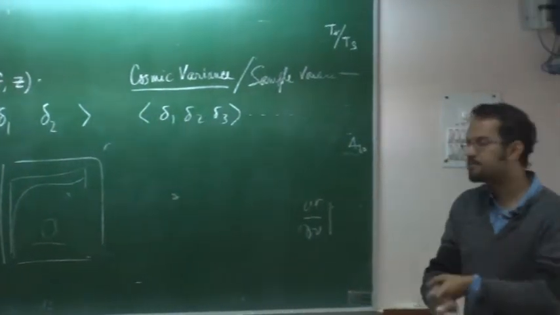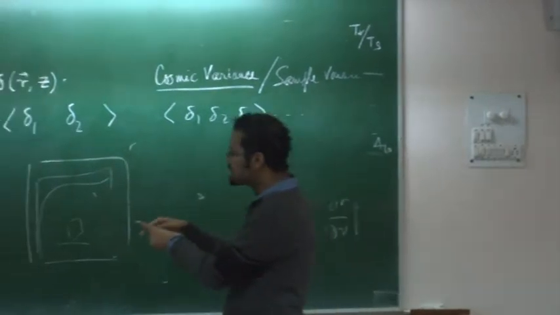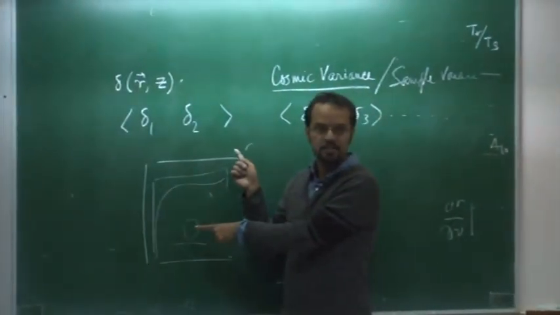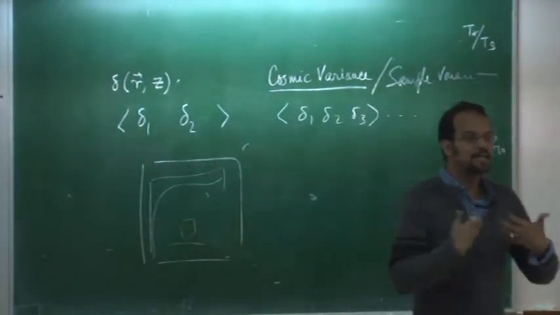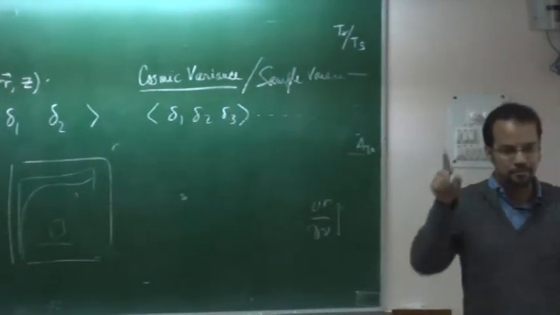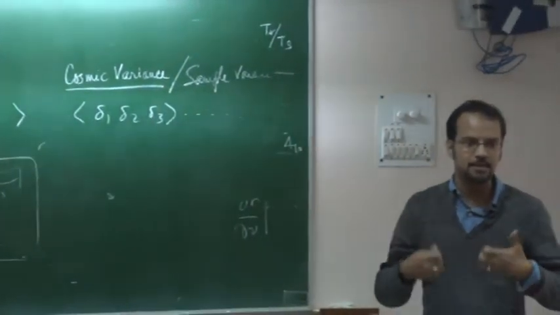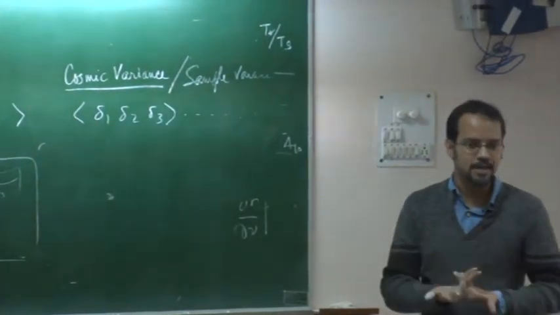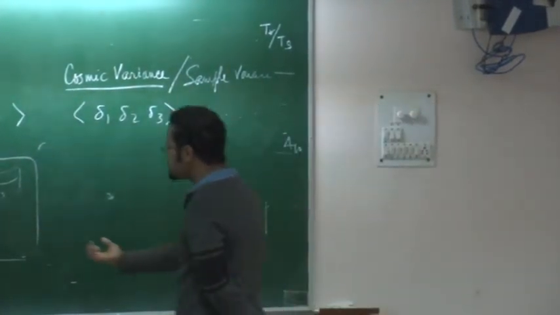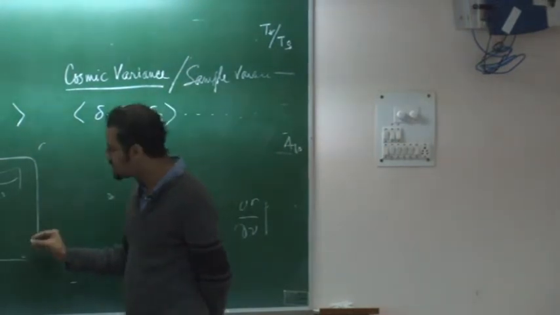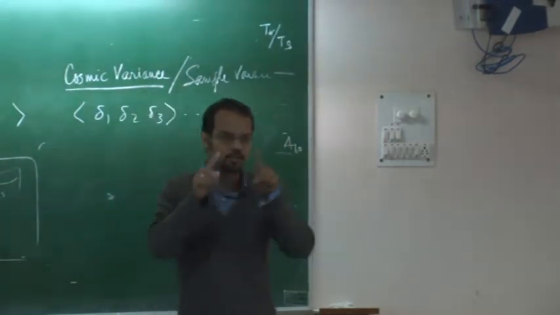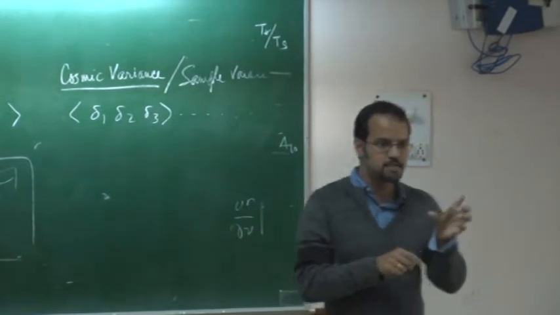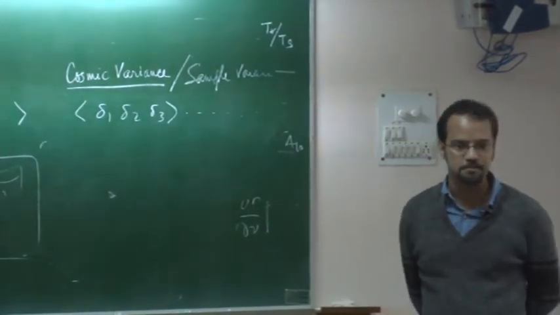So whenever you have measurements of very large scale features, you are liable to get fewer and fewer samples, because you have to take a large box, and thereby the number of boxes that fit inside your observation volume is going to be less. Whereas when you look at small scales, you don't have this issue at all, because in principle you can take smaller patches and thereby have a large number of samples.